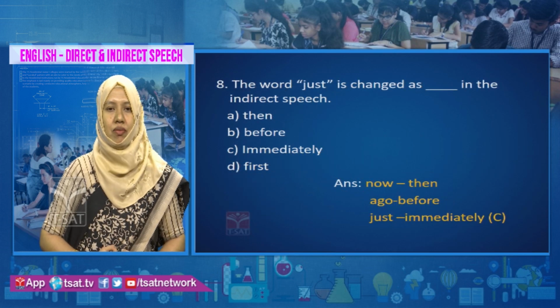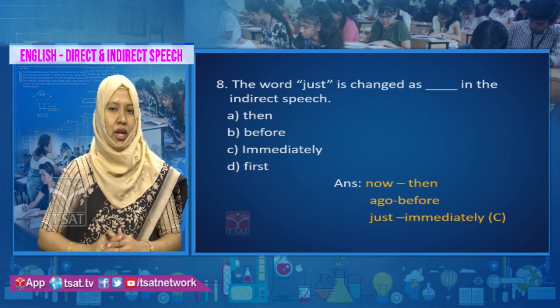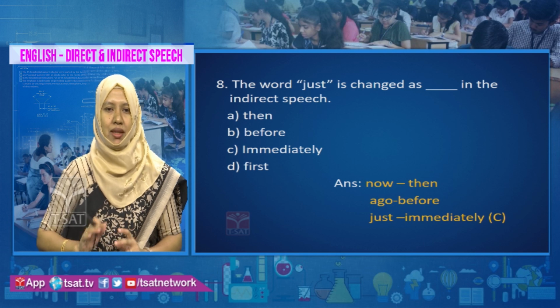Next question, the word just is changed as dash in the indirect speech. Remember, we have discussed a few words that change according to time. If it is just, what will it change to? Is it then? Is it before? Is it immediately? Is it first?